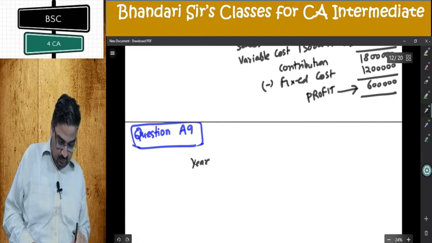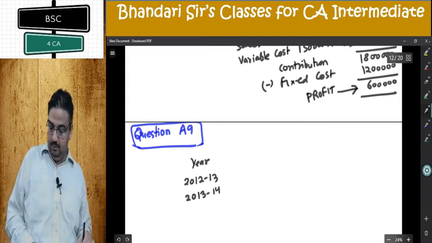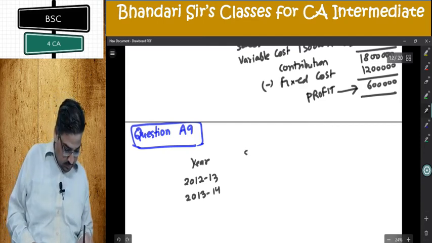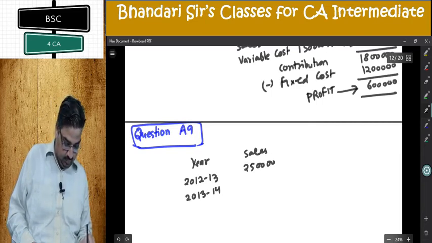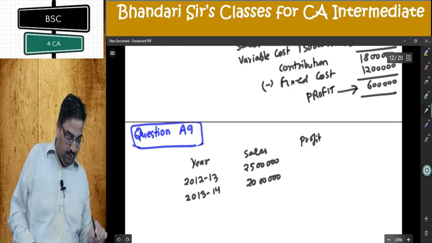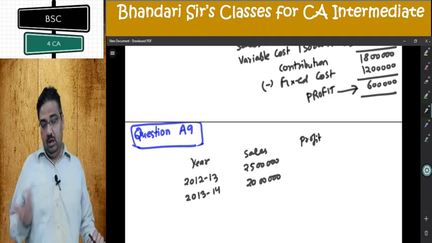Year 2012-13, 2013-14. Sales are given 25 lakh, 20 lakh. Profit given in percentage, but I can certainly compute.